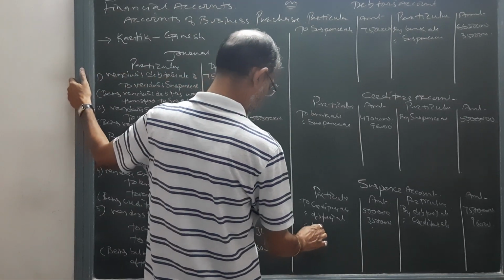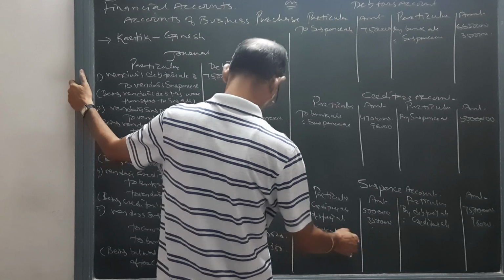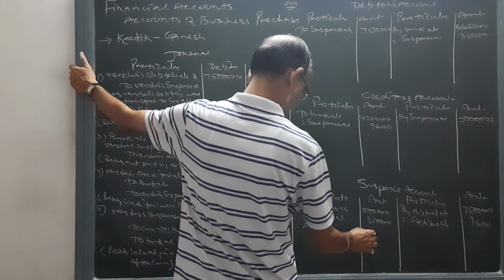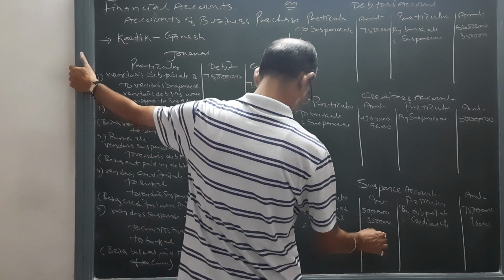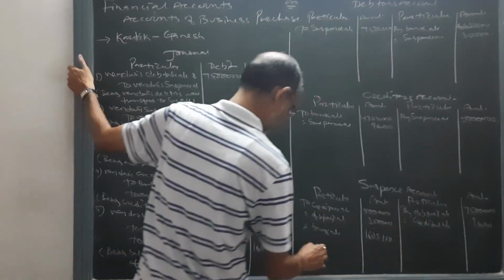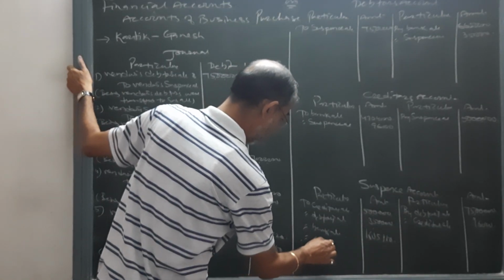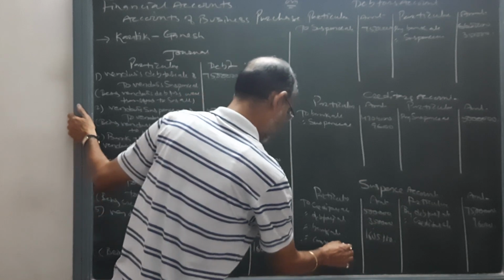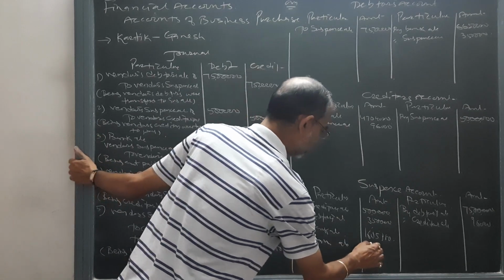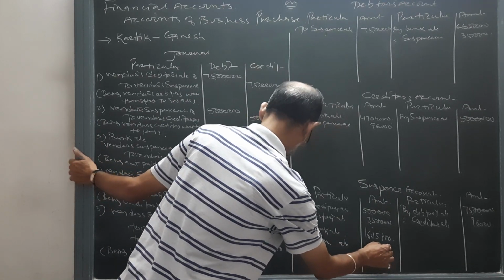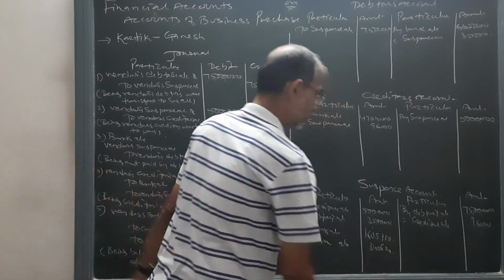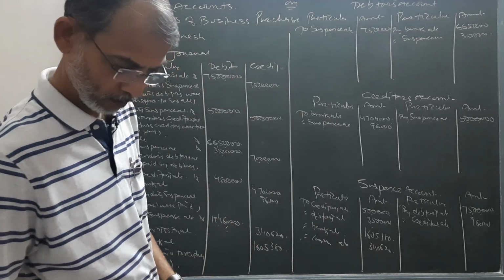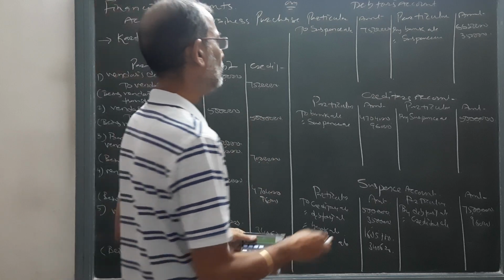So to bank account 16 lakh 5,380 and to commission account 3 lakh 40,620.